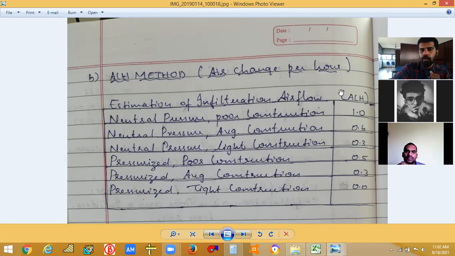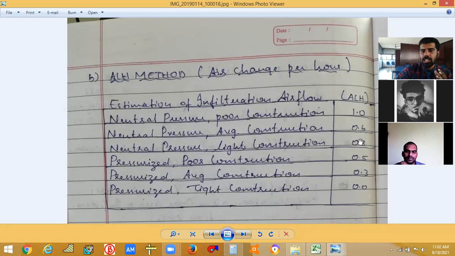So we are dealing with infiltration, and you have to see the different estimations given here. For example, if I am taking this room: neutral pressure, poor construction, the ACH is 1, which means more air will be infiltrated from outside. Neutral pressure, average construction, it is 0.6.